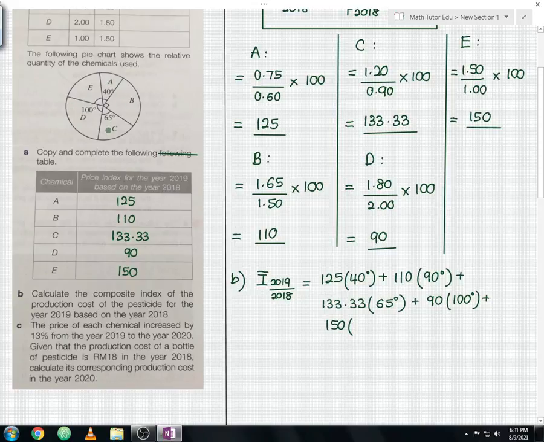You calculate that and you should get the weightage of E is 65 degree. Let me label 65 degree here as well. Then you divide by the summation of the weightage, which, like I mentioned, is 360 degree.